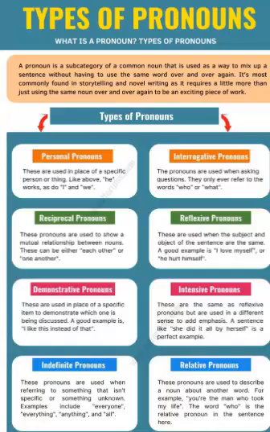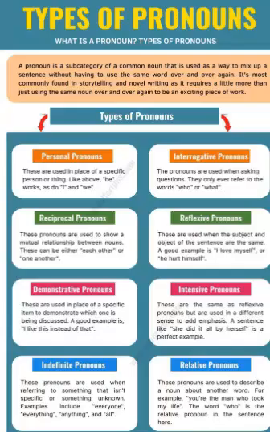If the personal pronoun is the doer of the action, the subject of the sentence, it is called a subject pronoun. If the pronoun receives the action done by the subject, it is called an object pronoun. Some examples of personal pronouns are he, she, it, they, them, me, us, etc.